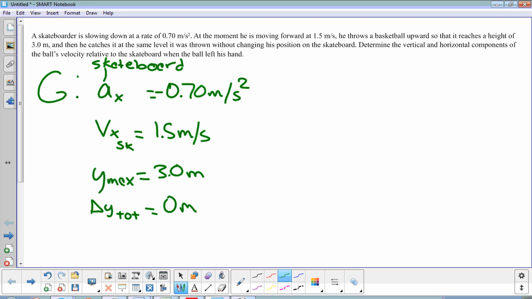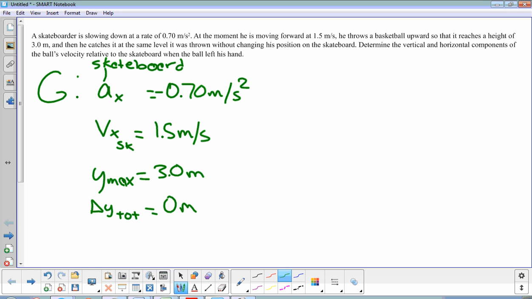He didn't catch it below, he didn't catch it above, he caught it at the exact same level. So the total change in displacement in the Y direction is going to be 0. Total stands for total. Y max.